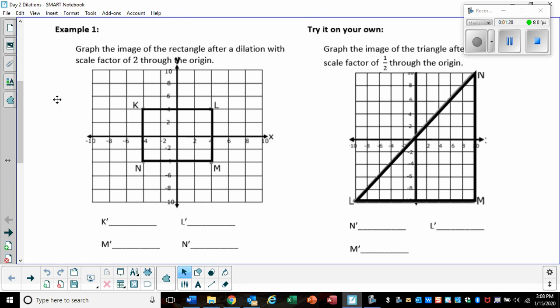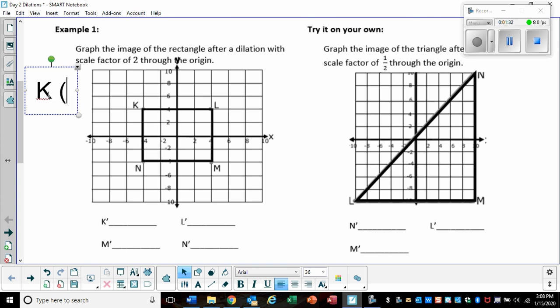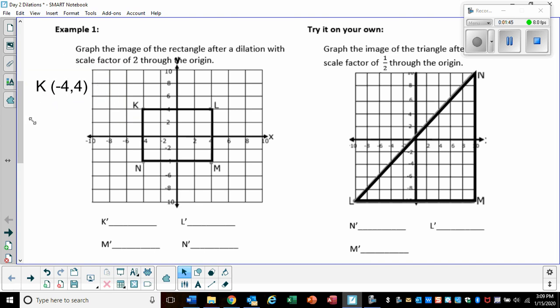First I'm going to write down K off to the side. K is at -4, 4. Then L is at 4, 4.